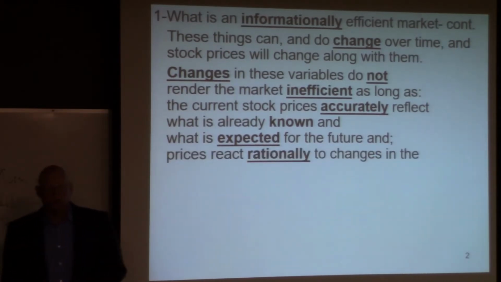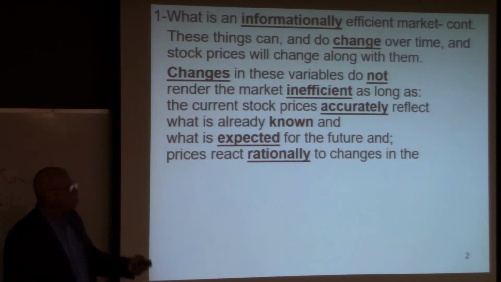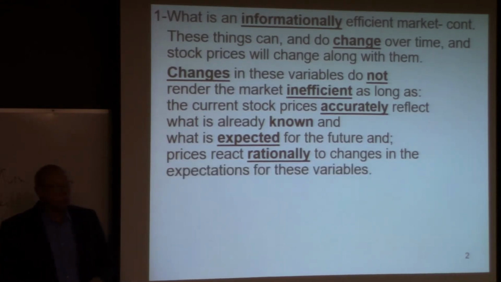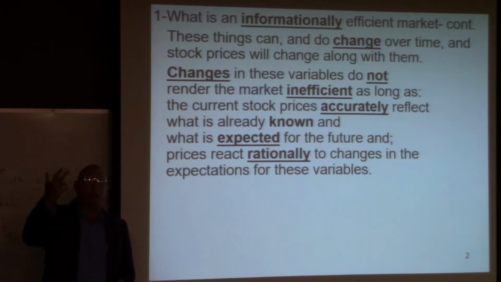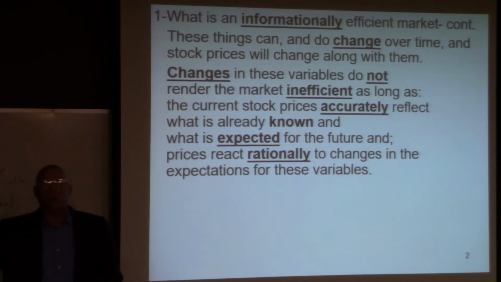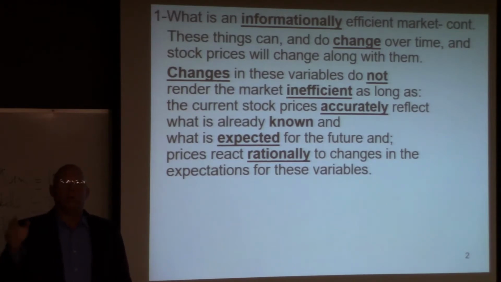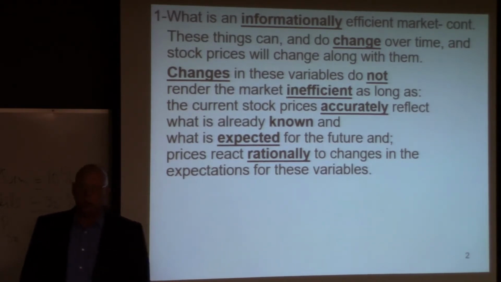All right? Prices will react rationally to changes in expectations. If expectations rise, the stock price and the valuation will rise. If expectations deteriorate, then the stock price and valuations will deteriorate.